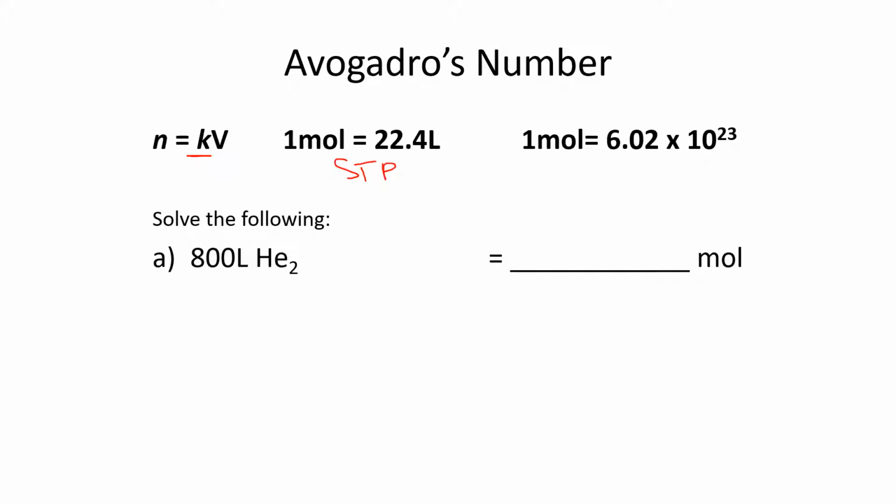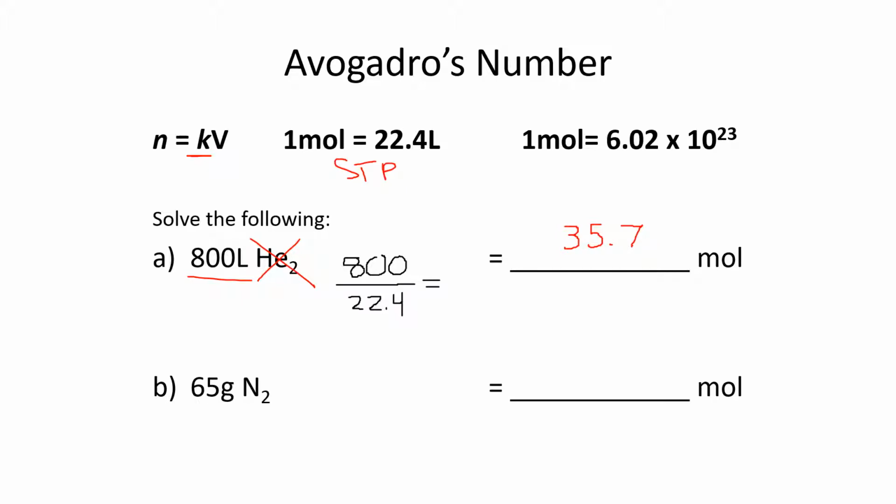All right, so let's figure out how many moles are in 800 liters. It doesn't even matter what gas it is. We're just going to assume every gas behaves ideally. So all we're using is the liters. Which mole number gives you liters? 22.4. So all you do is divide, 800 divided by 22.4.